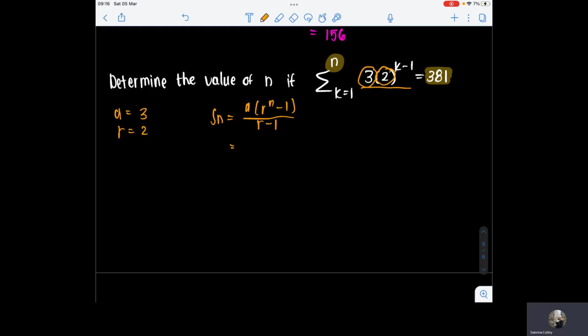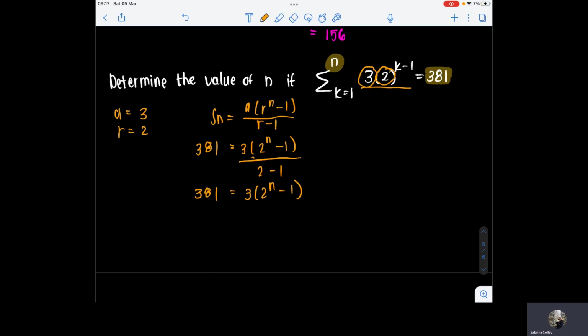My A is 3, my R is 2, n is what I'm looking for, minus 1 over R is 2 minus 1. So this is going to be 3 times (2^n minus 1) over 1, so it's just that. And my answer is going to be 381.